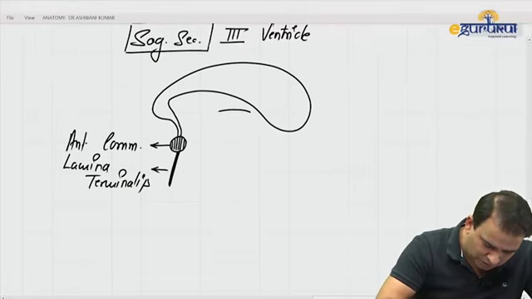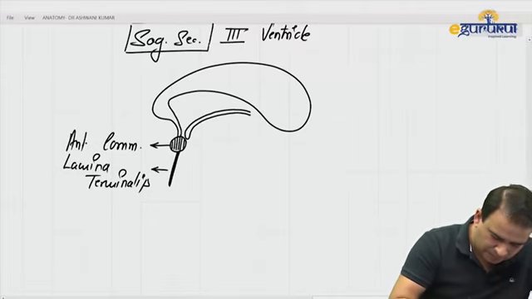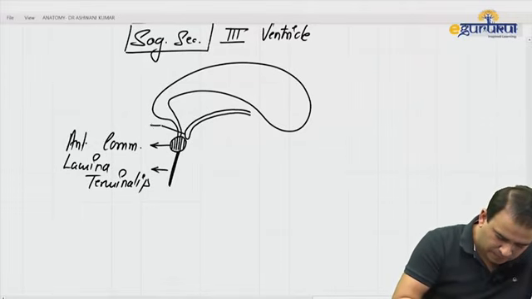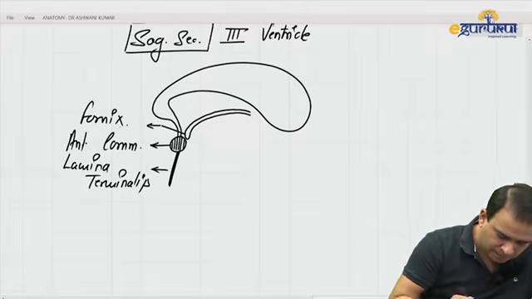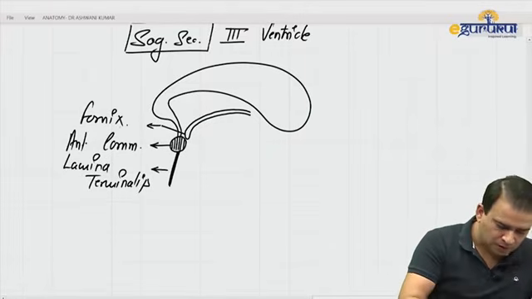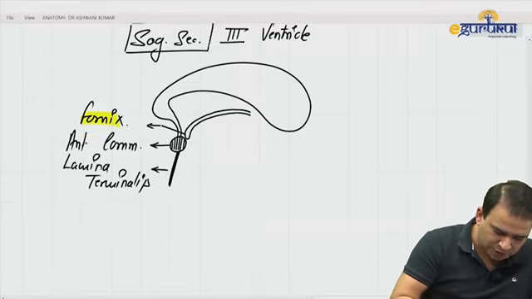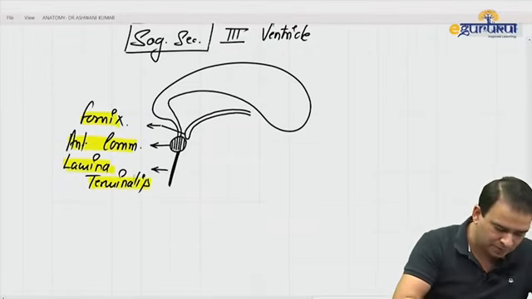If this is how the fornix is coming, you will see this anterior column of the fornix as well. So these are three structures that you will appreciate contributing to the anterior wall of the third ventricle.